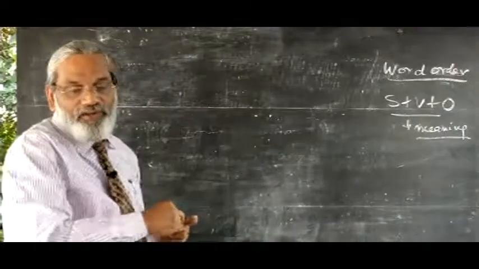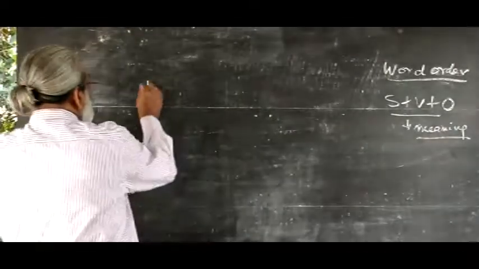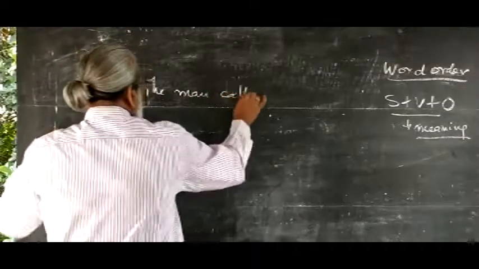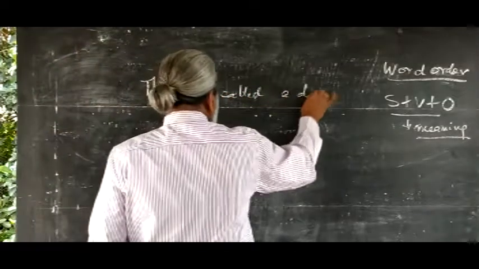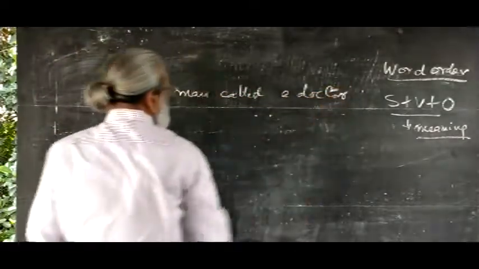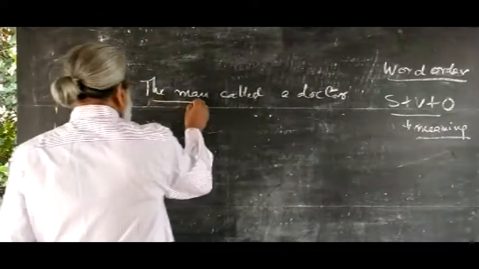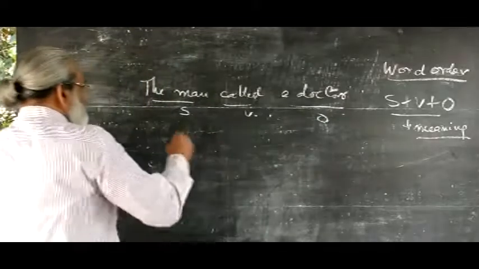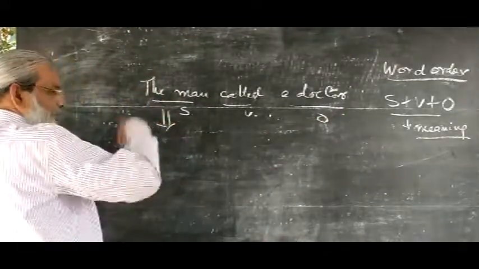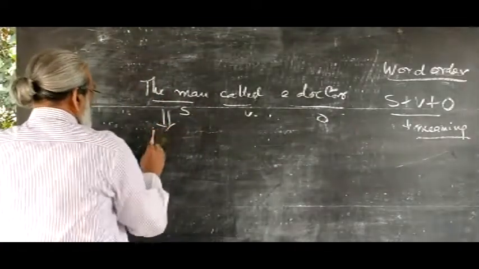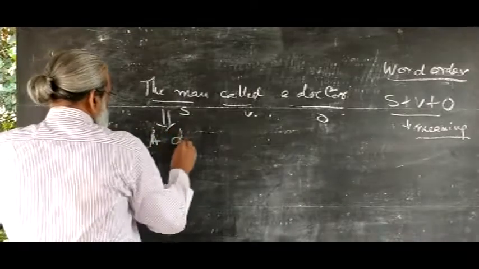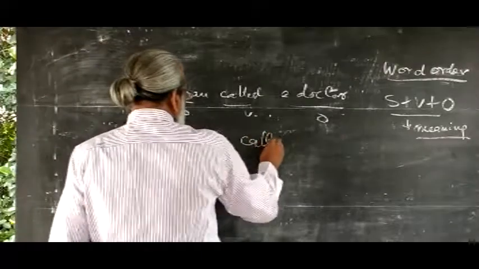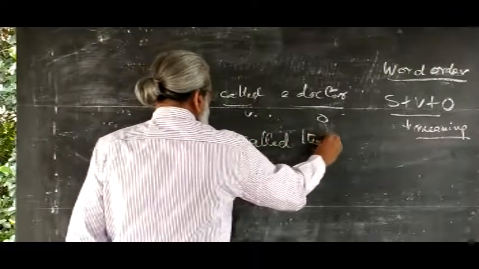In the textbook, a simple sentence is given. The man called a doctor. Look here. The man, subject; called, verb; a doctor, object. Now the writer writes in another way: a doctor called the man.